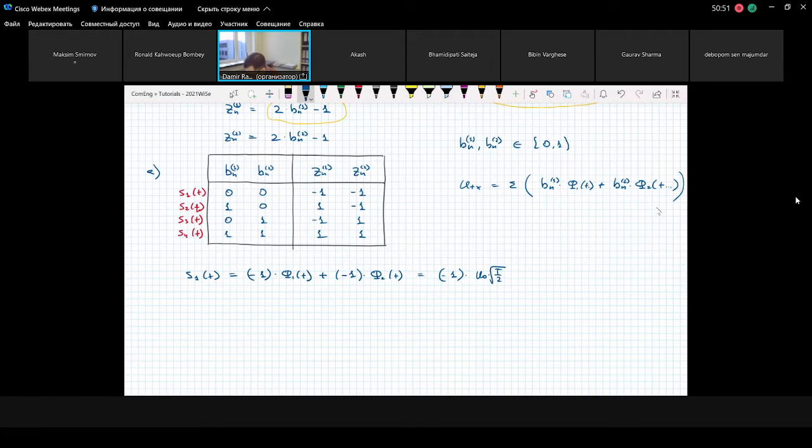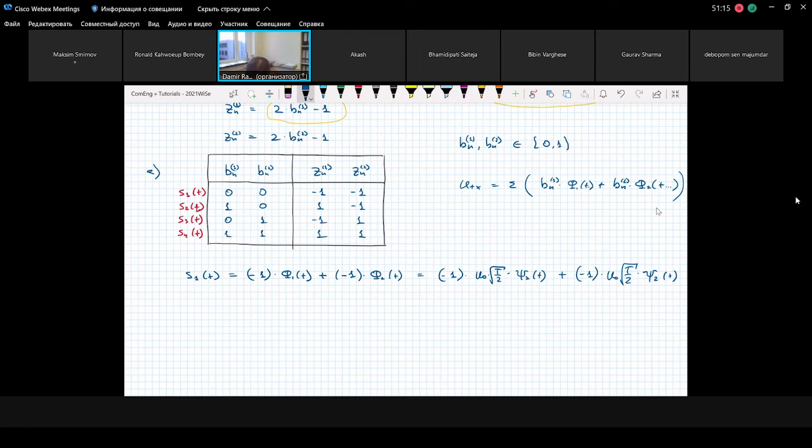And you don't need to write all these details when you write the answer during the exam. I make all these steps just to make it clear so that you don't have any questions afterwards. So -1 times the square root of E0 T over 2 times the second basis function.